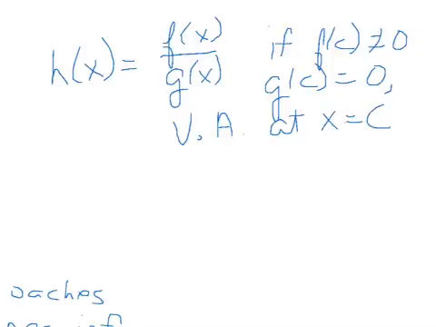This requires that we get a number for the numerator. So any time that we end up with a constant over 0, we are going to have a vertical asymptote.